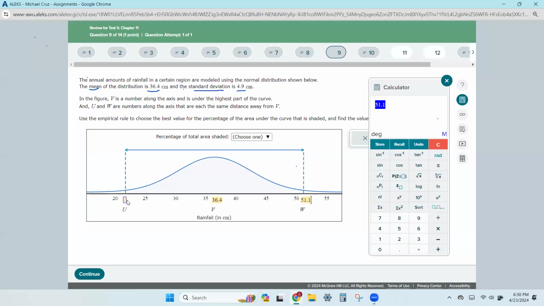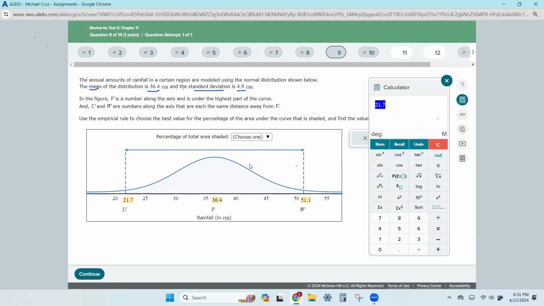And then the same thing's going to happen over here, except we're subtracting. So that would be right about there. One standard deviation. 26.6, right about there, and one more. So see that? 21.7 fits.